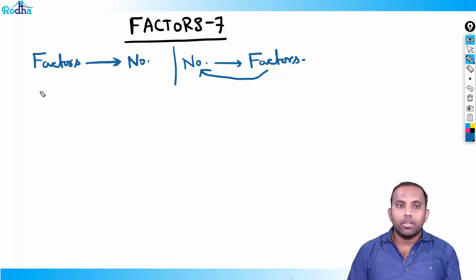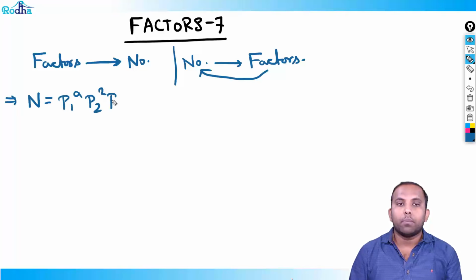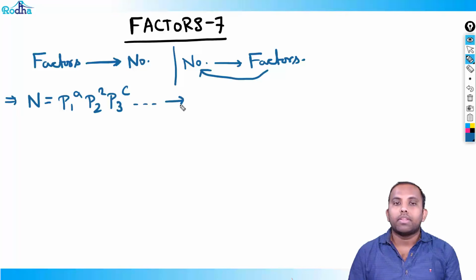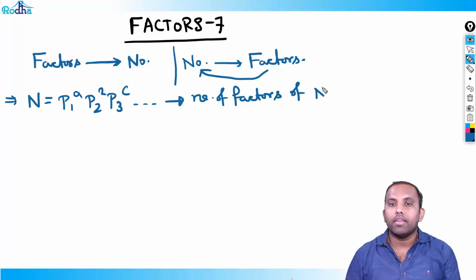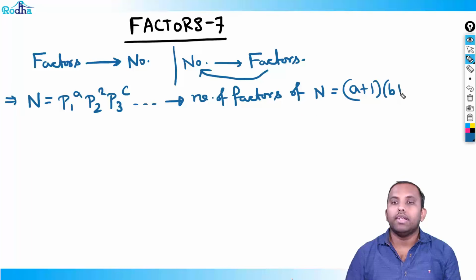Now you remember that formula also. N, which we derived, is equal to P1 raised to A into P2 raised to B into P3 raised to C, like that, where P1, P2, P3 are prime bases. So the number of factors of n is equal to (A plus 1) into (B plus 1) into (C plus 1), right?